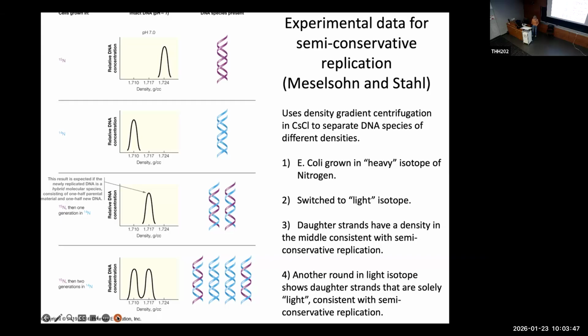All right, so the way they did this experiment was to rely on the fact, again, radioactivity big, so we're using two different isotopes of nitrogen here, meaning they have different quantities of neutrons.